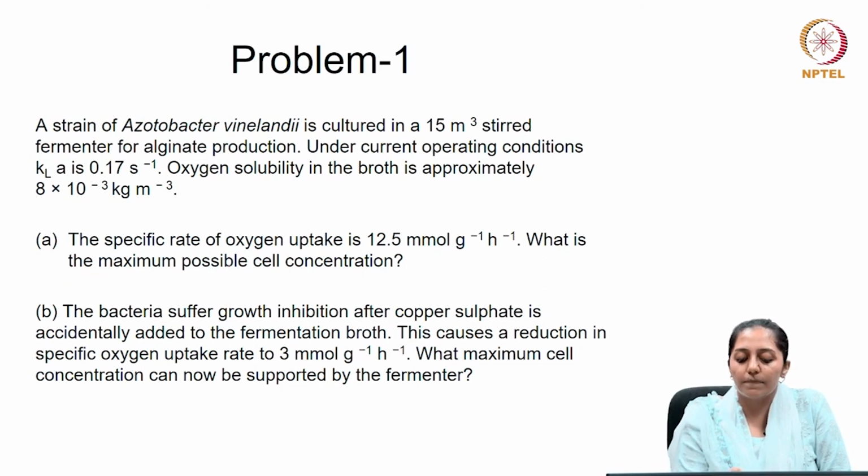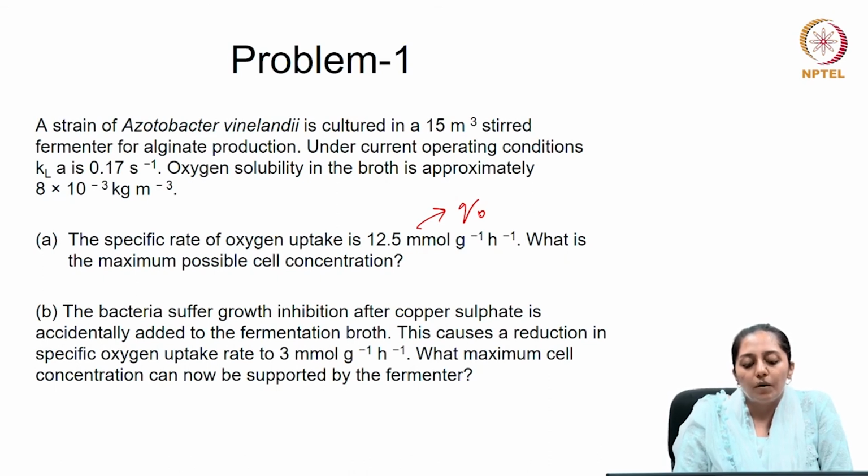Now, the specific rate of oxygen uptake, which means the small q naught value, is given to us. And we need to determine the maximum biomass concentration which can be supported by this oxygen transfer. So, as we had done earlier, we will talk about the approach and you can solve the problem.